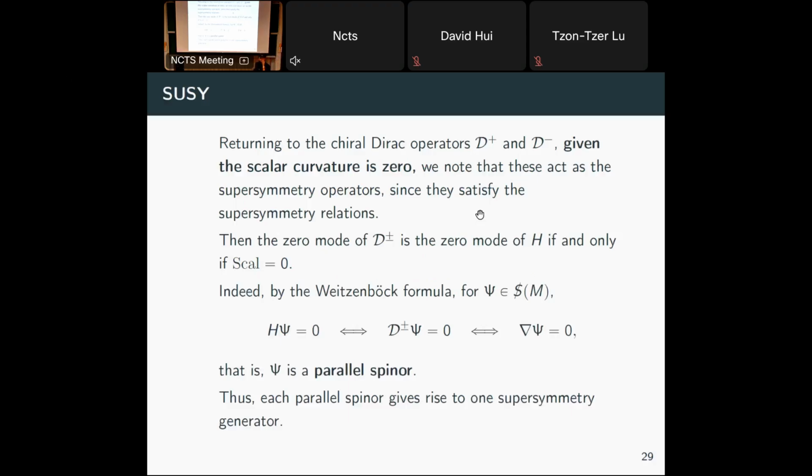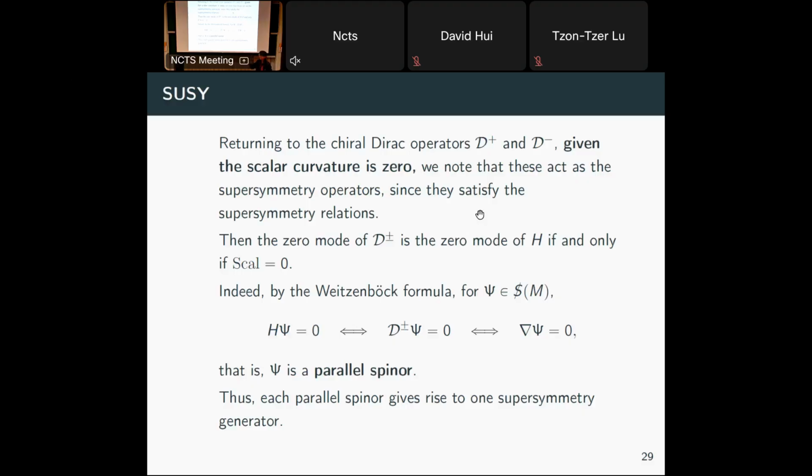Okay, so we define directly the spinor. Right, here I wrote down spinor as an element of the spin bundle, right?